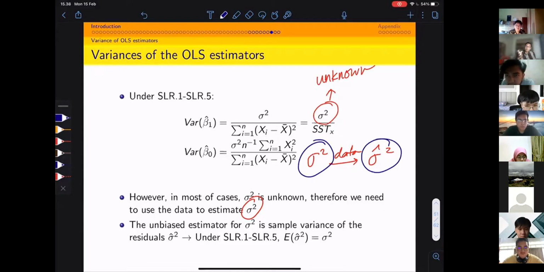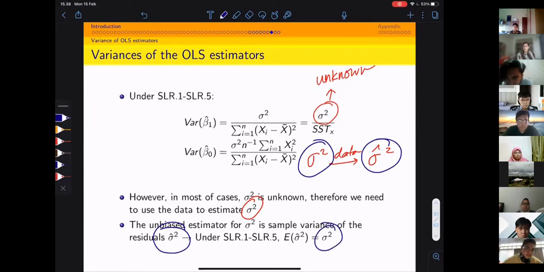Please distinguish between the population regression function and the parameters, and the sample regression function and the statistics. Now, why do we need the fifth assumption? Because with assumptions 1, 2, 3, 4, and 5, the sample variance of the residual is an unbiased estimate of the variance of the unobserved factor in the population.